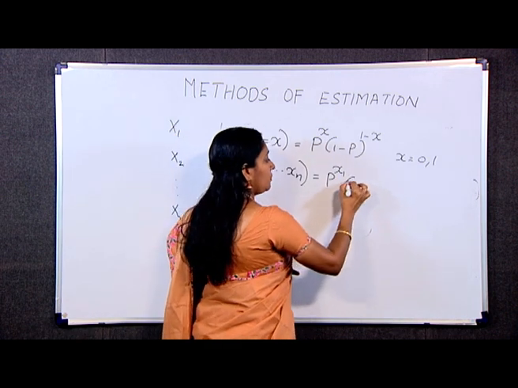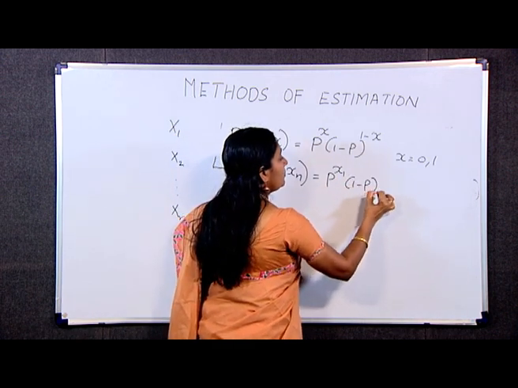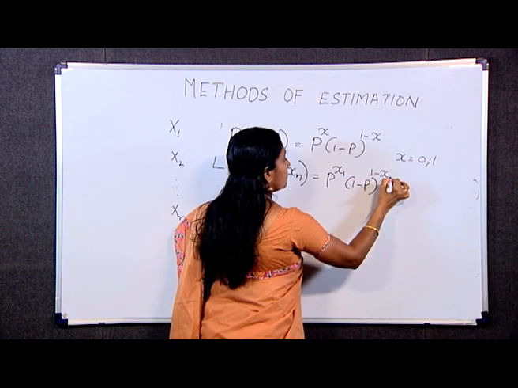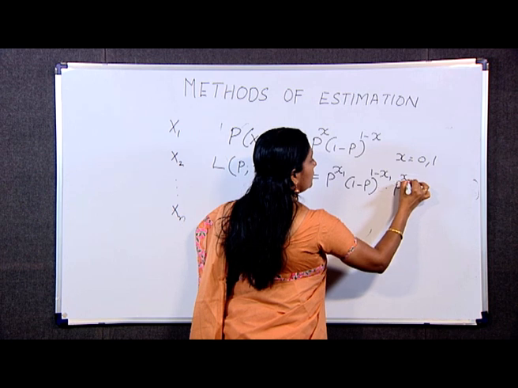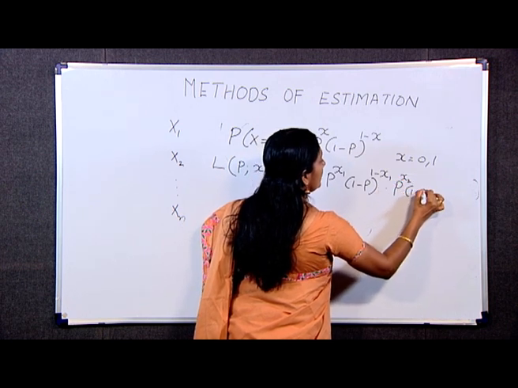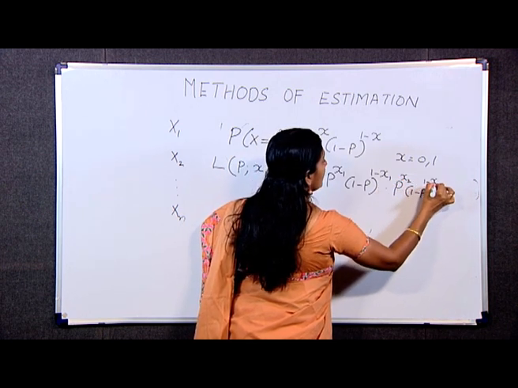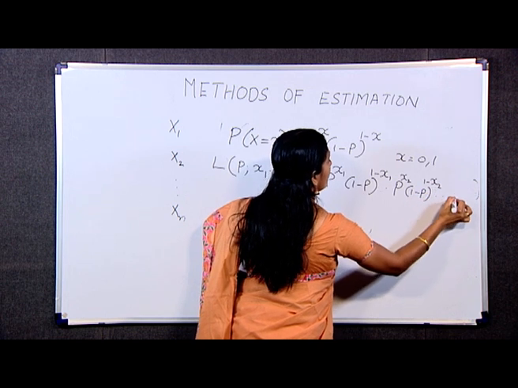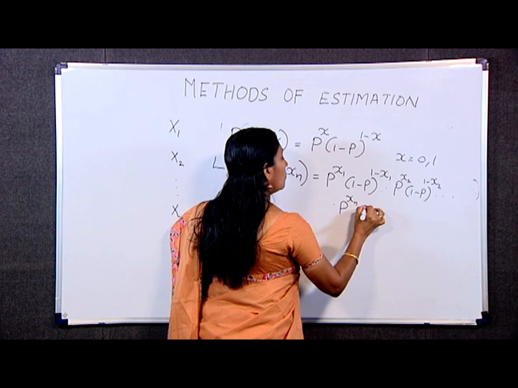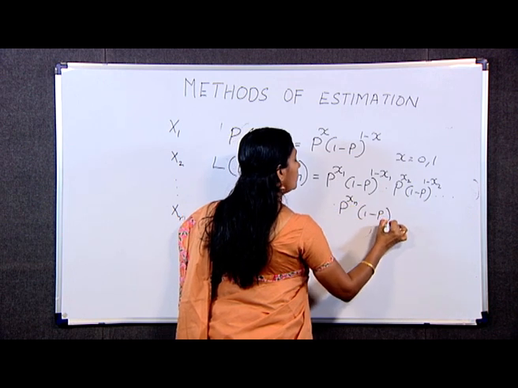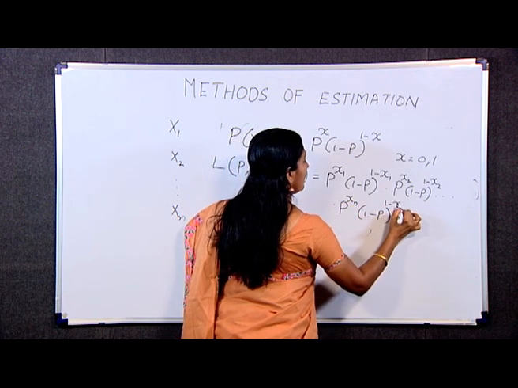So, p raised to x1 into 1 minus p raised to 1 minus x1, into p raised to x2 into 1 minus p raised to 1 minus x2, ..., p raised to xn into 1 minus p raised to 1 minus xn.